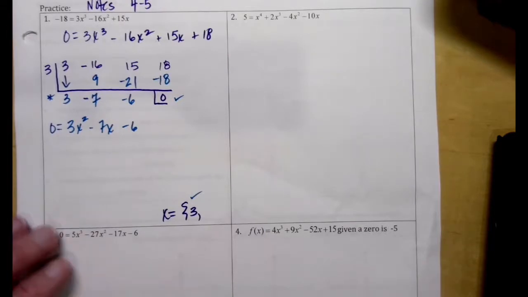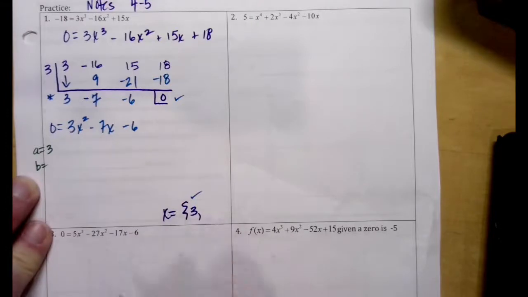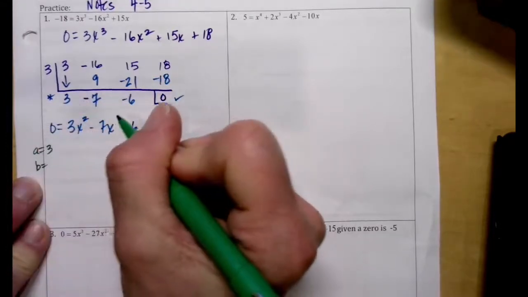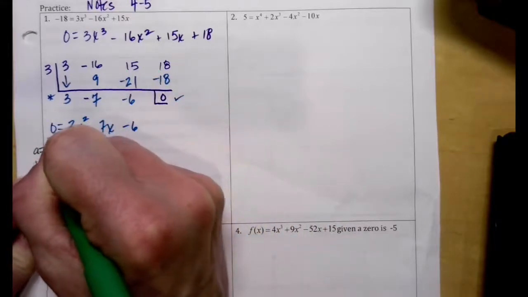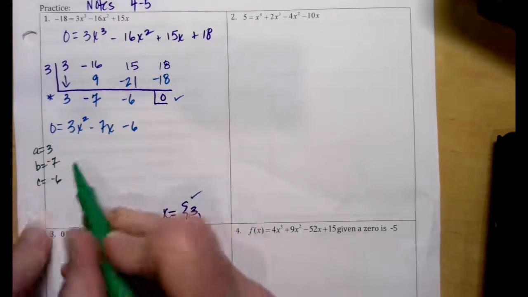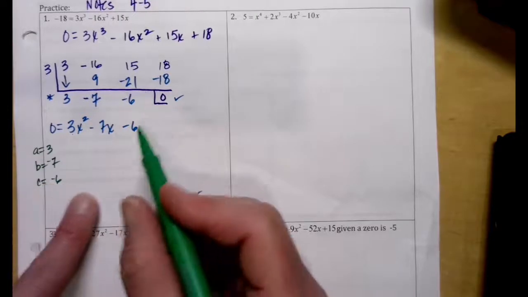I know it's a lot of work, but sometimes it's just easier than thinking about completing the square or trying to mess with factoring. Whether or not this will factor will make it an easy quadratic formula to solve. So I have my a is equal to 3, my b is negative 7, my c is negative 6.